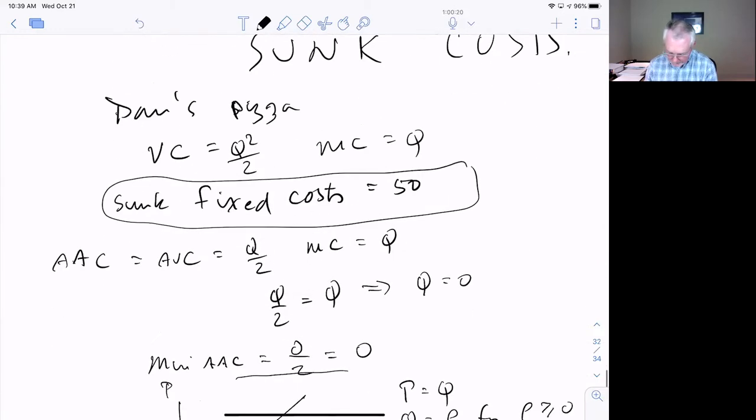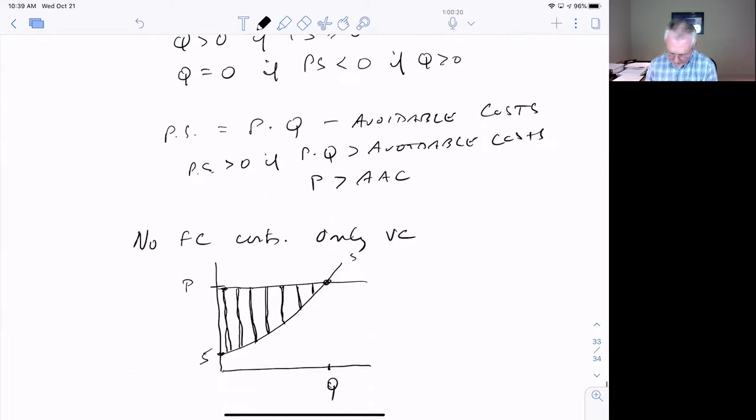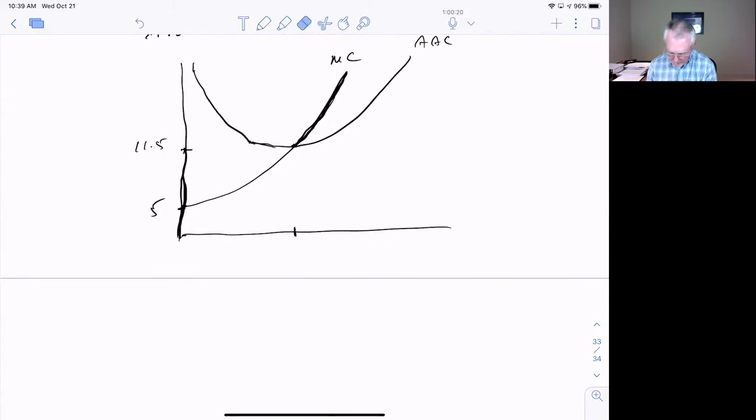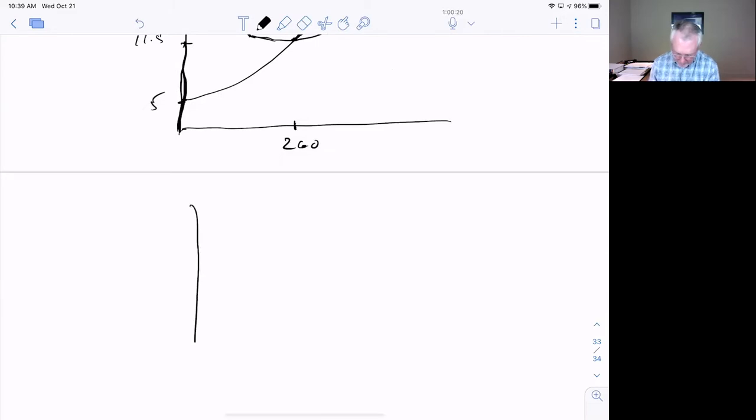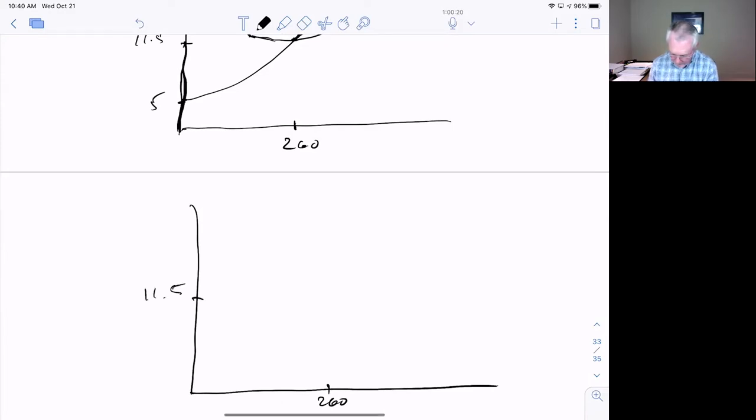All right, so we set it at 260. Now, this makes Dan's supply curve look like this. At 260 and 11.5, Dan's supply becomes positive. So here's Dan's supply curve.